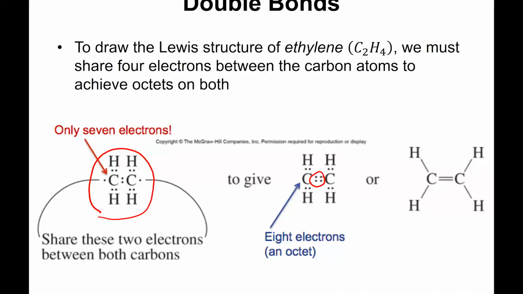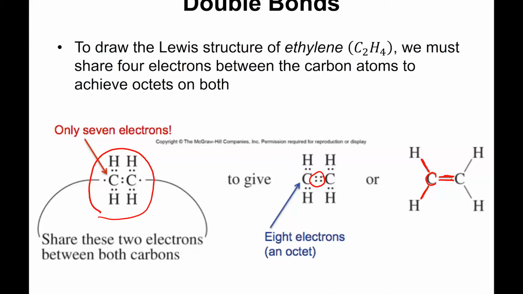Now, in my example I gave before, I talked about how carbon always wants to make 4 bonds. How can I reconcile this with these double bonds and triple bonds? Well, you count the double bond as having 2 bonds. So in our case of ethylene, carbon here is forming 1, 2, 3, 4 bonds.